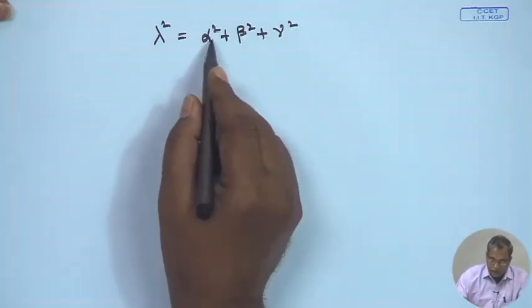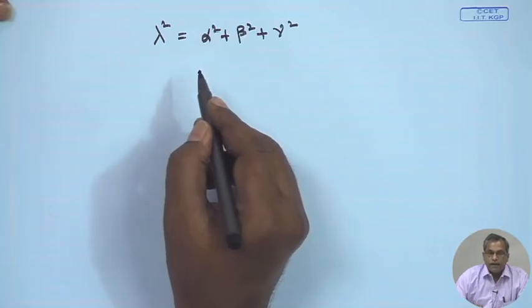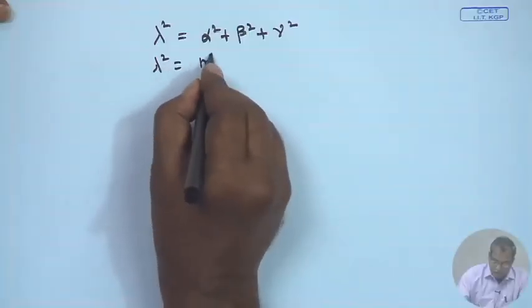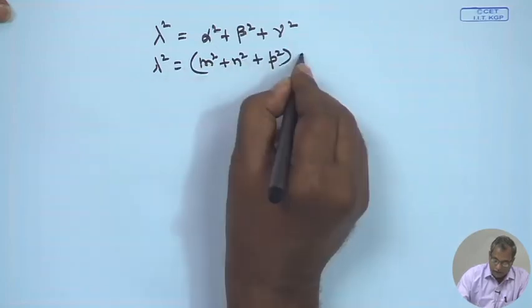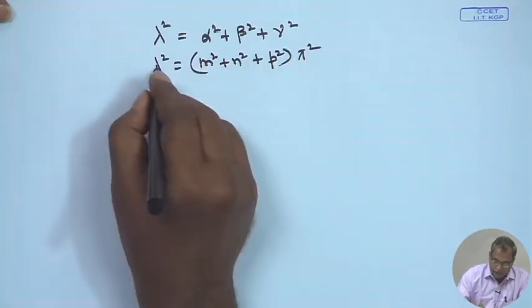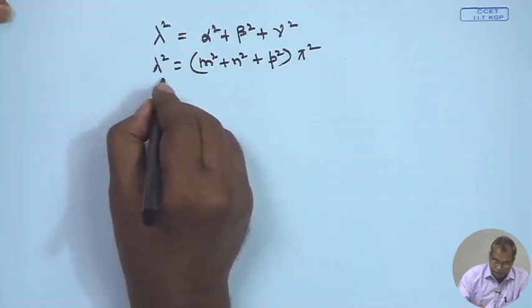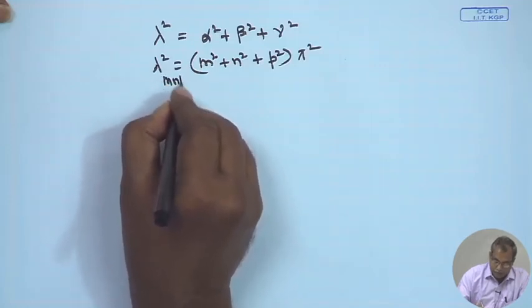So, we have seen alpha is equal to n pi, beta is equal to m pi, and gamma is equal to p pi. So, therefore, lambda square will be nothing but m square plus n square plus p square times pi square, and lambda should be written with a subscript m, n and p.